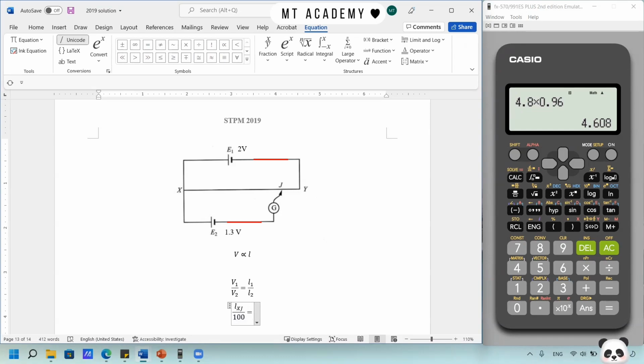That reflects 1.3 volt divided by 2 volt. So 1.3 divided by 2 times 100 gives us 65 centimeter. So simple.